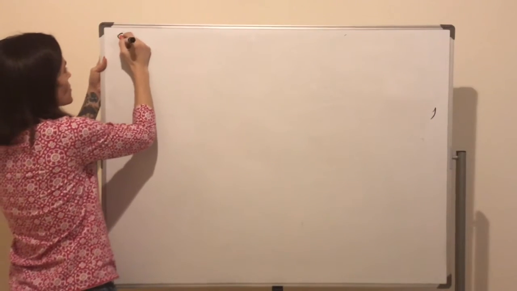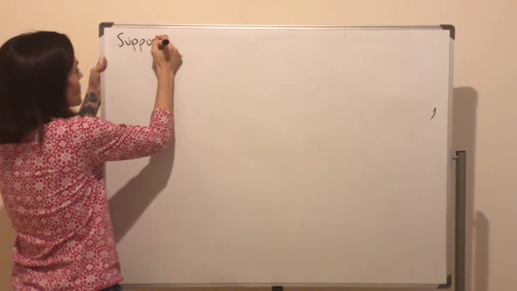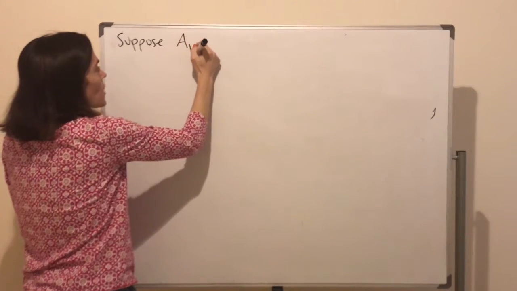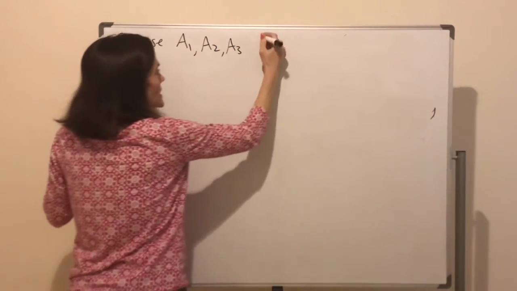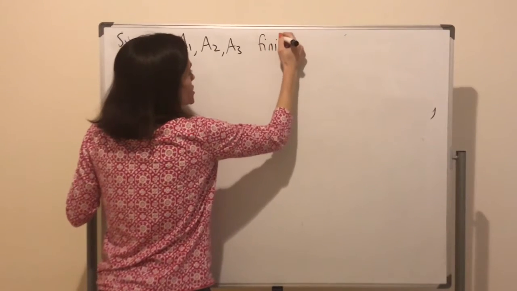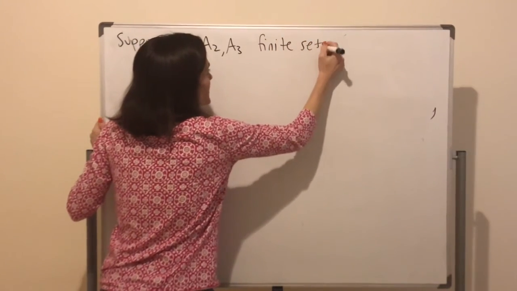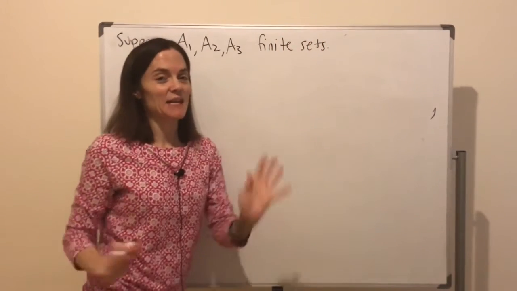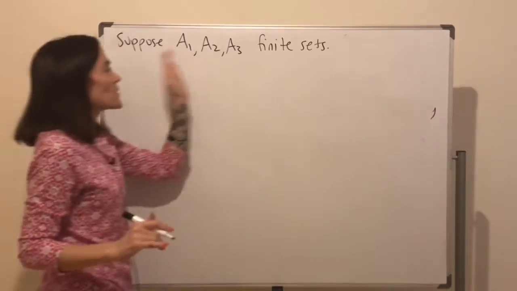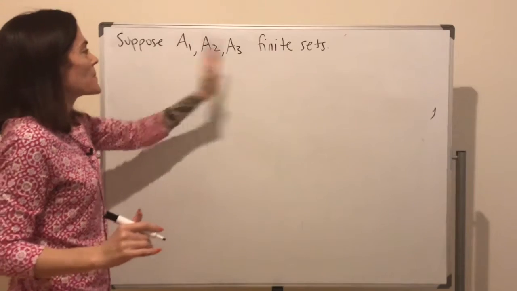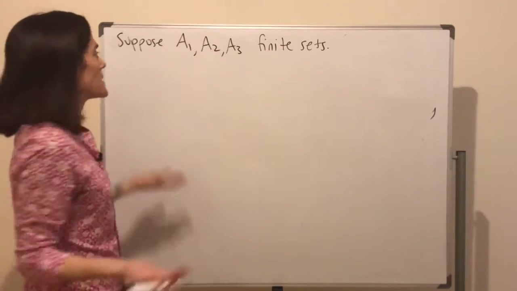So suppose we have 3 sets, A1, A2, A3, and these are finite sets. And I switch to this because we will state it more generally with n sets. So that's why I switched from ABC to A1, A2, A3 like this.